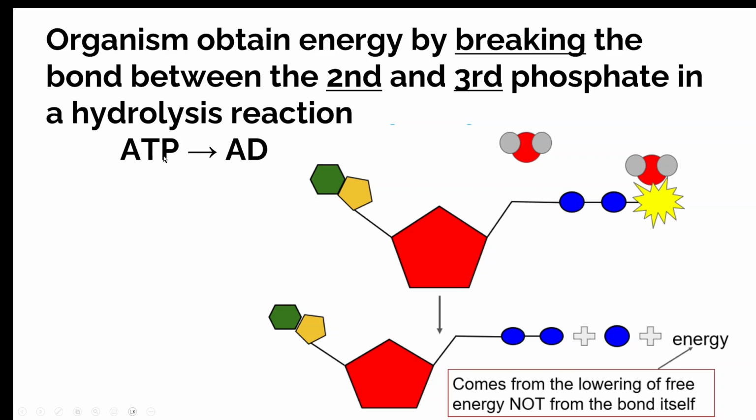The adenosine triphosphate will turn into adenosine diphosphate, and adenosine diphosphate can then later be turned back into adenosine triphosphate. We'll talk more about that later in cellular respiration, but that does require inputting energy back in. So all we really need to understand at this point is, where does the energy come from in a cell? It comes from the bond between the second and third phosphate in the adenosine triphosphate molecule.